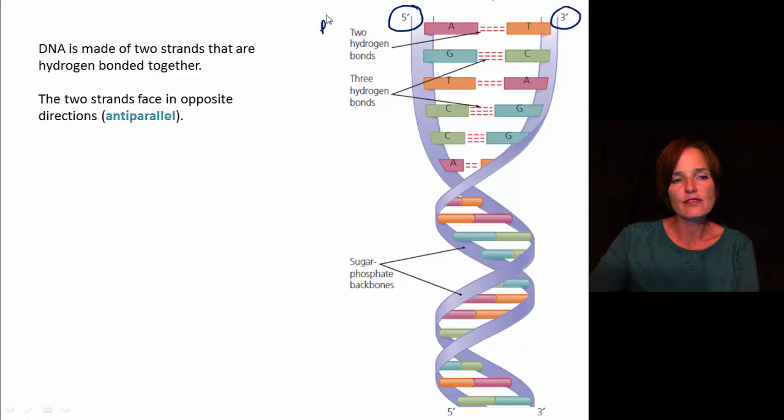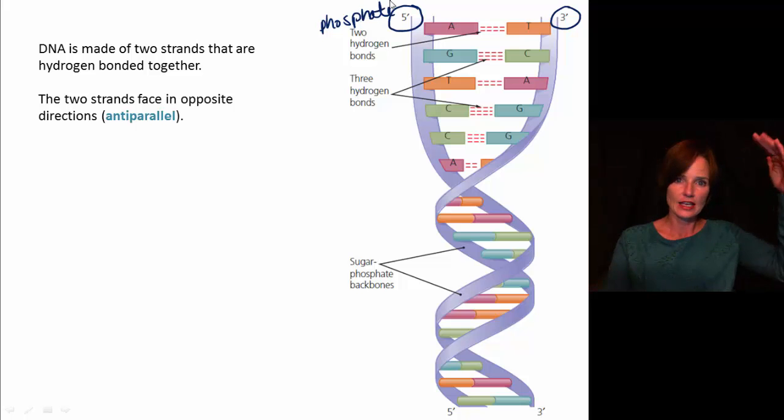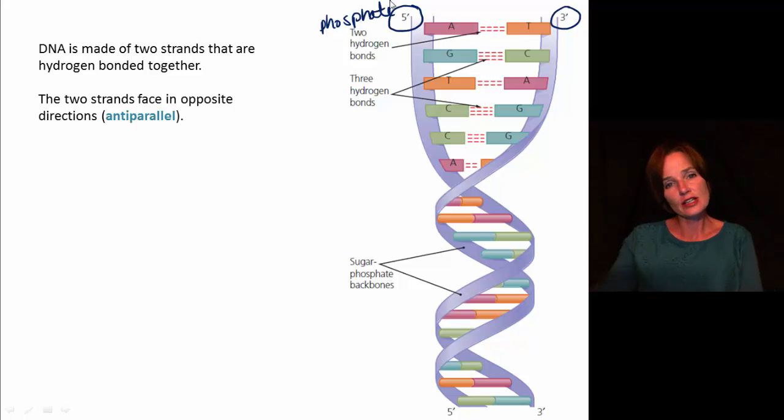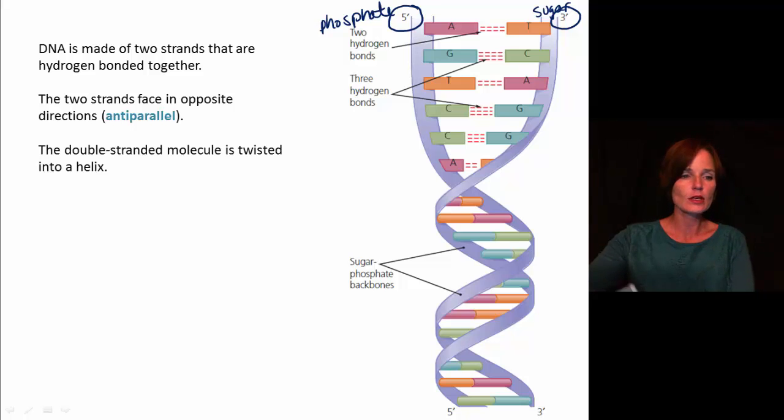And so again, this is the phosphate end. It means that on this strand, you have a phosphate hanging off the end. And then on the other strand that's opposite it, it's a sugar that's hanging off the end. So again, it's referring to the fact that they're running this way. You can think of it as the head of one is matching up with the tail or the feet of the other strand. We refer to that as anti-parallel.